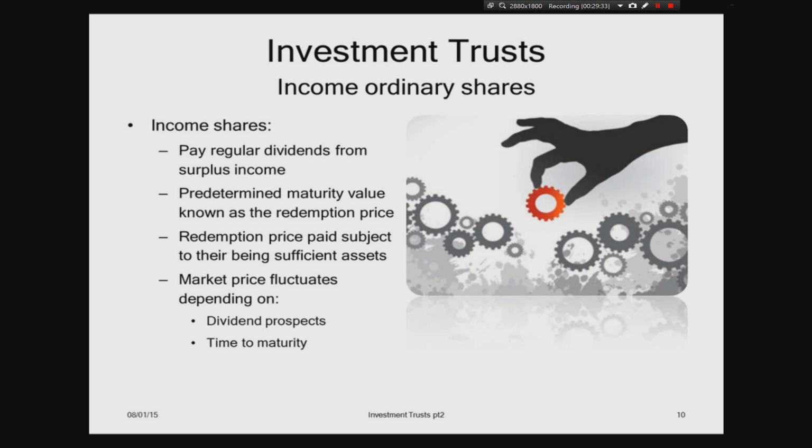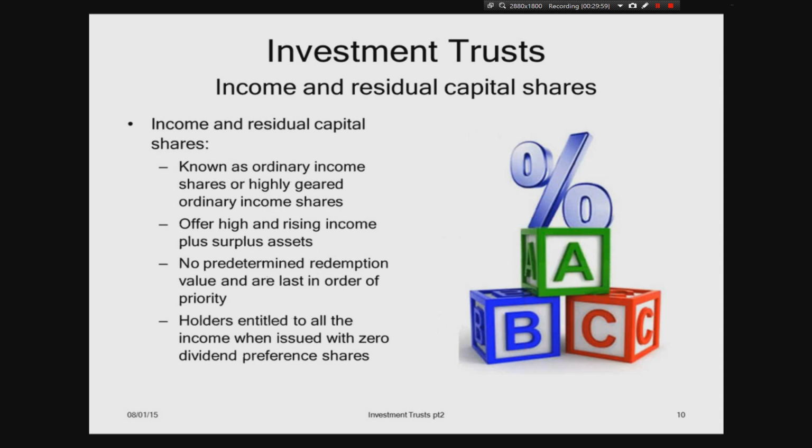Shares which offer a nominal redemption value may be attractive to an investor who has capital gains on other investments that can be offset against this particular loss in this investment. So obviously I've invested so much, I know I'm going to get back less than what I invested, therefore that loss can reduce capital gains on other investments. So that's the income share, the ordinary income share.